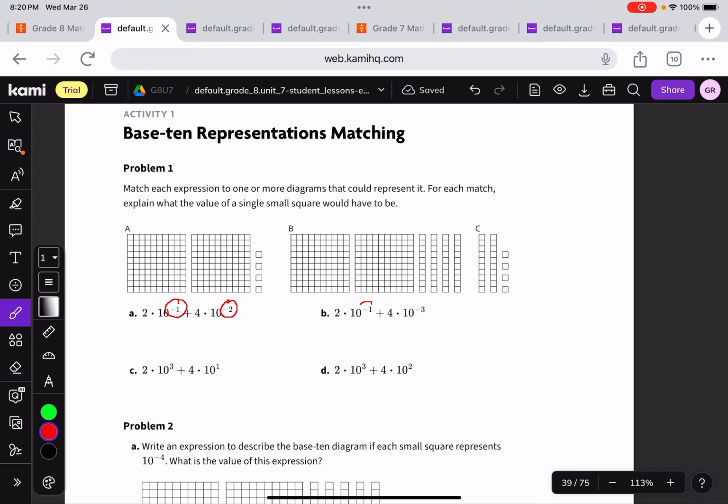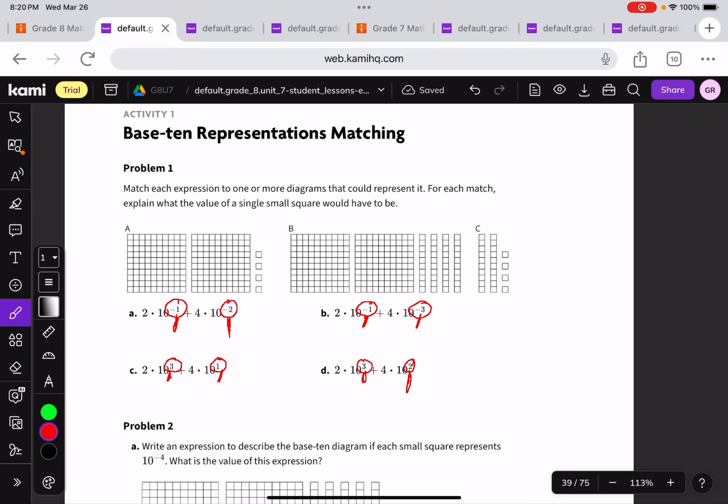Pay attention to this: -1 and -3 are 2 powers of 10 away from one another. This is smaller than this, by 2 powers of 10. And this is 1 power of 10 smaller.